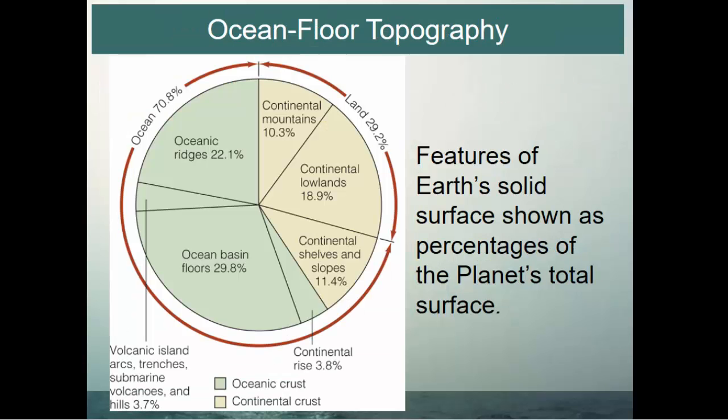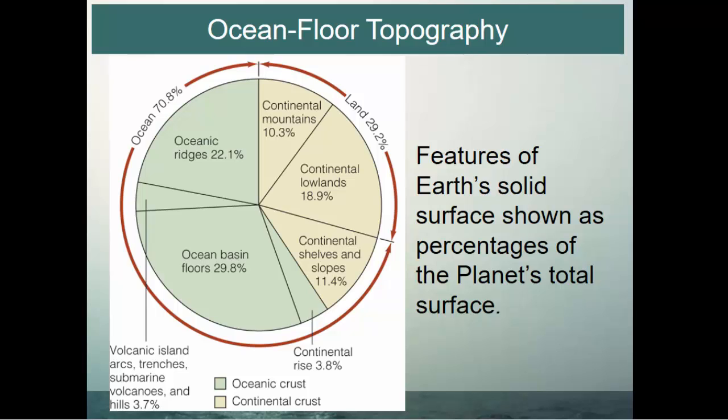So features of Earth's solid surface are shown in percentages of the planet's total surface. About 10% are mountains, and about 19% are continental lowlands. About 11% of the entire Earth are these continental shelves and slopes, these seaward extensions of the continents. The continental rise, which goes from the shelf down to the deep ocean floor, is only about 4%.